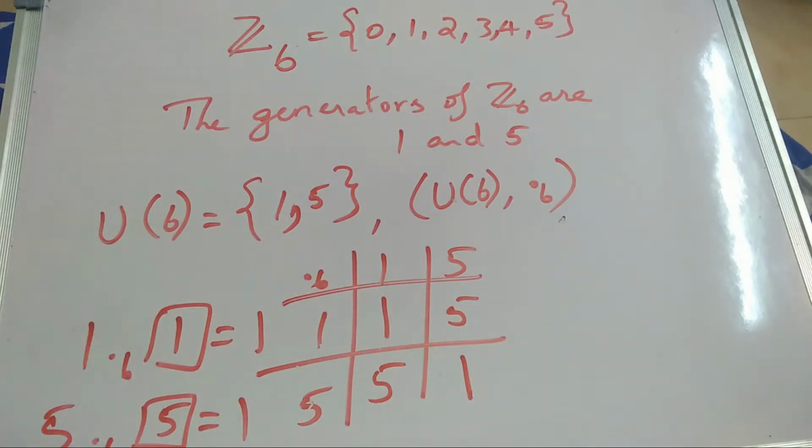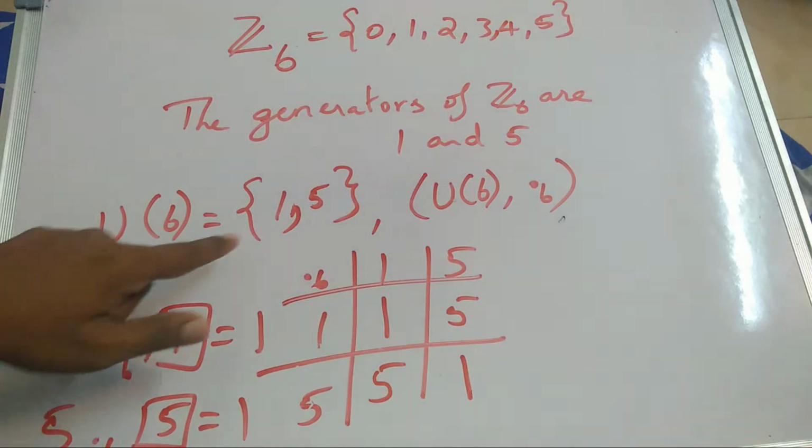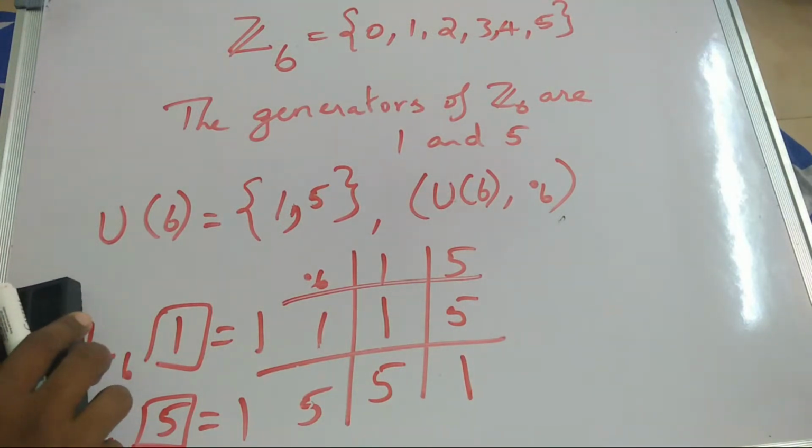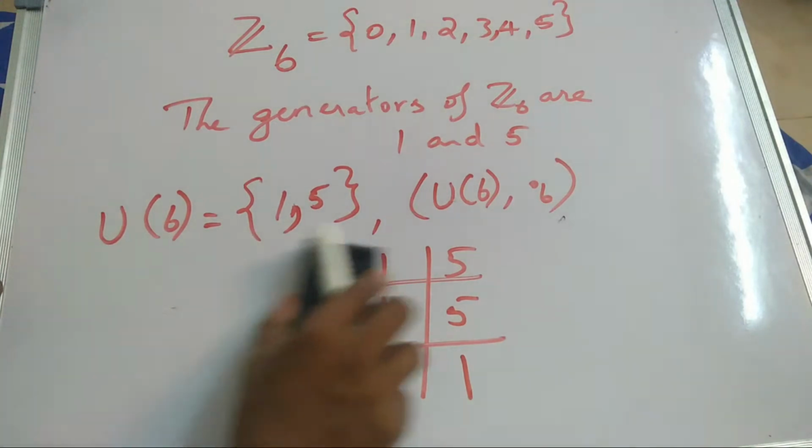Fine. Now, we will try to see how U of n looks for different n. U of 6 happens to be {1, 5}, having just 2 elements. Now let us dig deeper into U of n for other n.